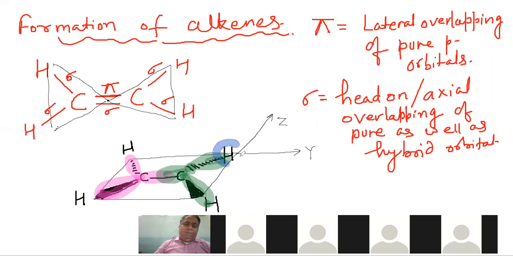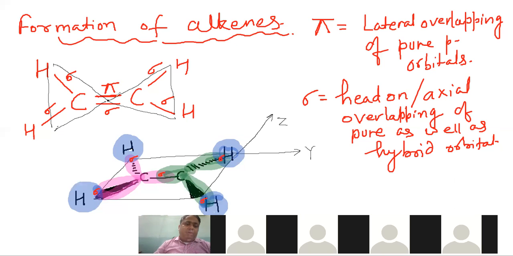This is the s orbital of hydrogen overlapping. So here we see these all are forming sigma bonds. This is a sigma bond, sigma bond, sigma bond, sigma bond.